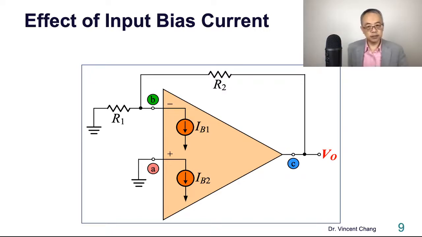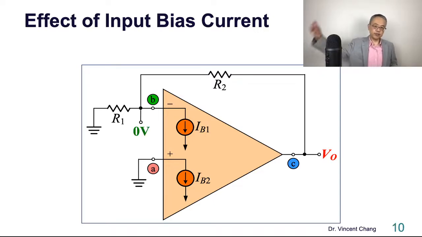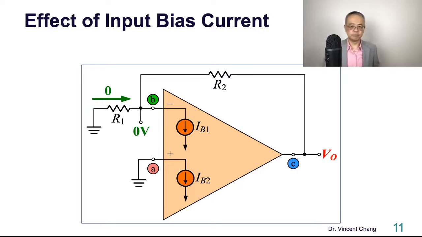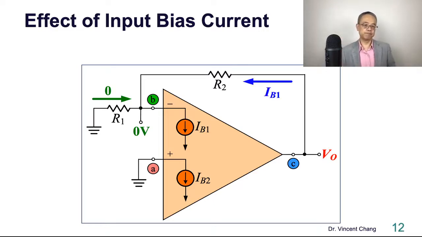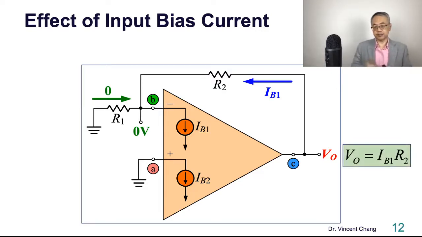Then it's easy, right? Virtual ground, and then zero current. And then IB1, like this. The output voltage is 0 plus a potential voltage increase like this.